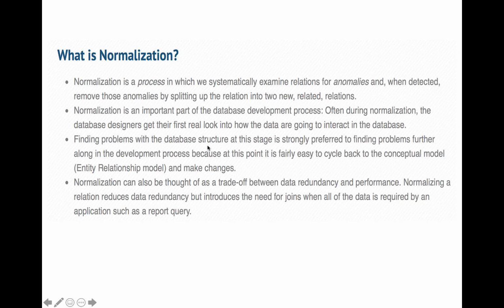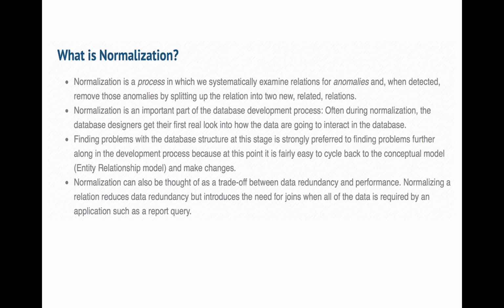Finding problems with the database structure is strongly preferred to finding problems later in the development process. It's good to figure out the problems in the design before the development, otherwise you will have to go back to whatever code and queries you had, and it's going to be very messy.